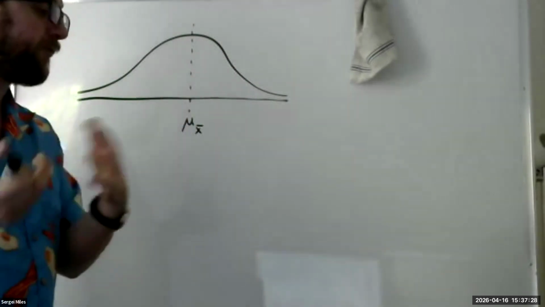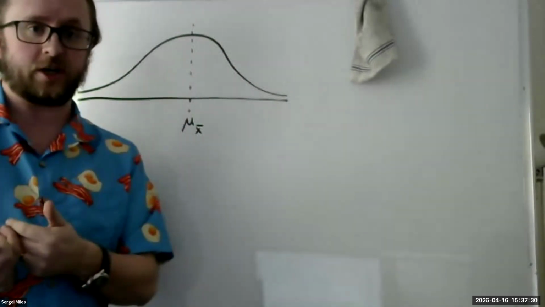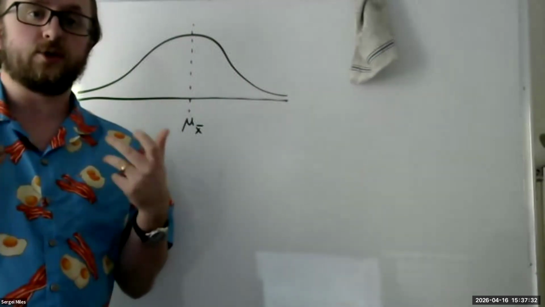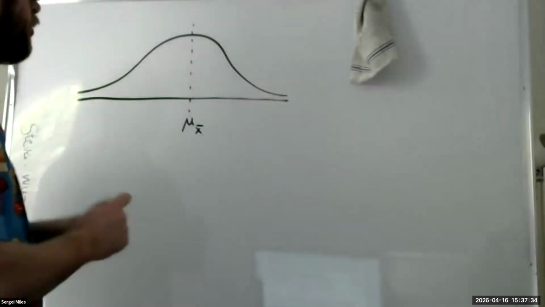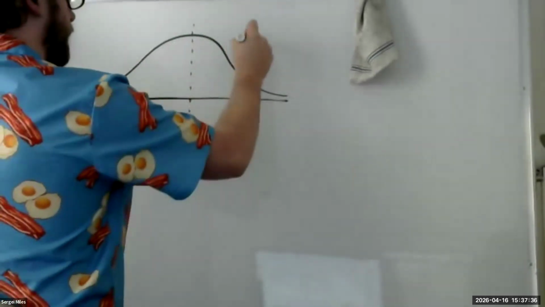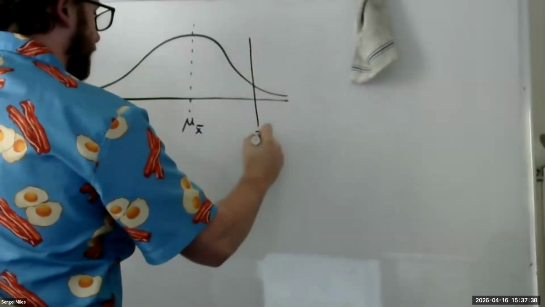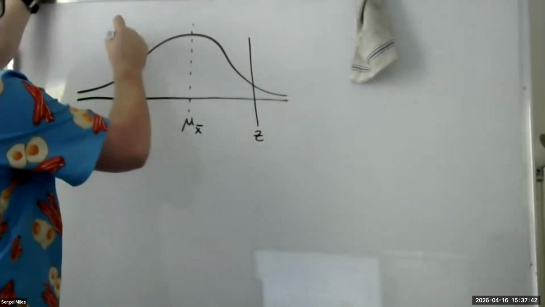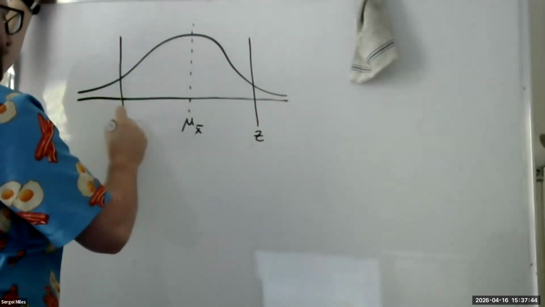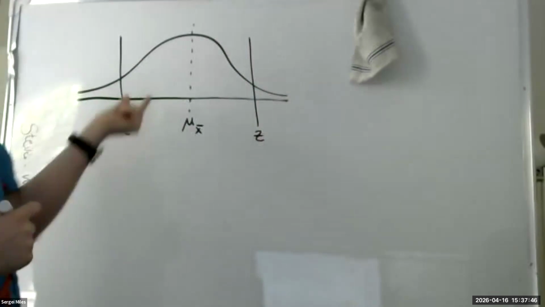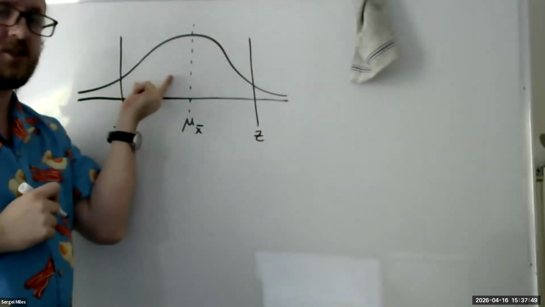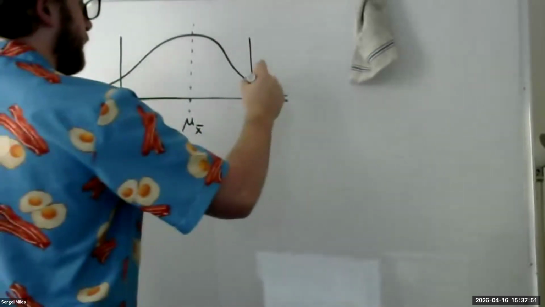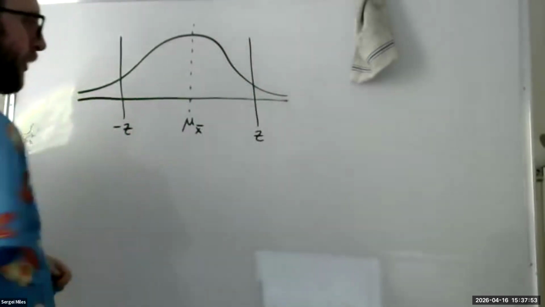How far to the left or right should I go? Using z-scores, if I go some amount to the right, I can calculate the percentage for this region. If I go the same amount to the left, I have some percentage in that region. Then there's an outside region in the tails.